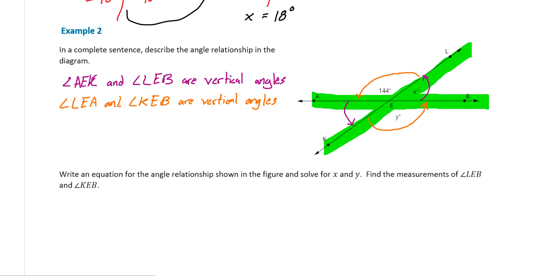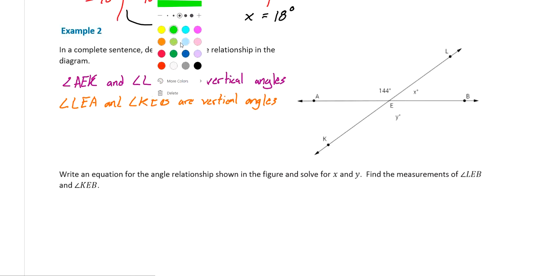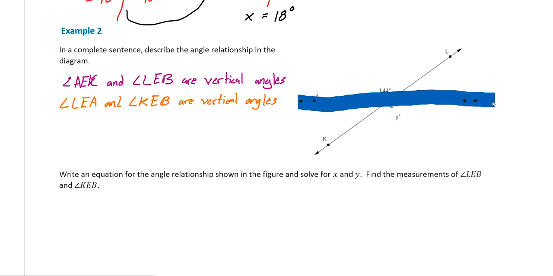I also have some other stuff going on. I notice how I have a line, line AB. So what can we say about the line?